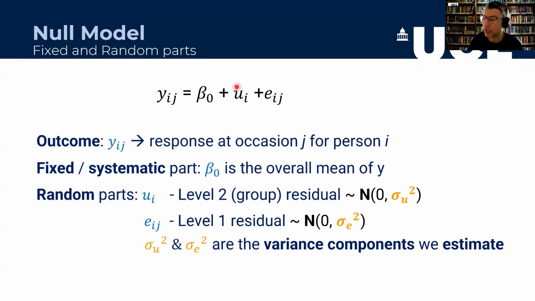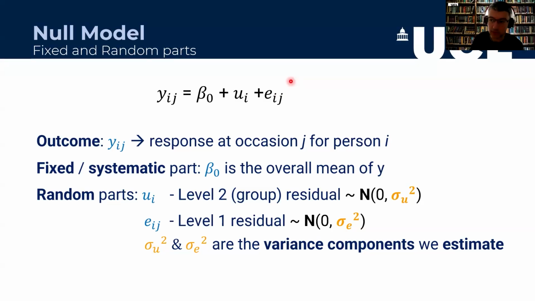So if this person was observed in Italy, that would be the distance between the overall mean and the specific mean observed in Italy, plus or minus, of course, the specific individual distance for that subject within that country. So this is what we call the level 2, group residual, and level 1, individual residual.